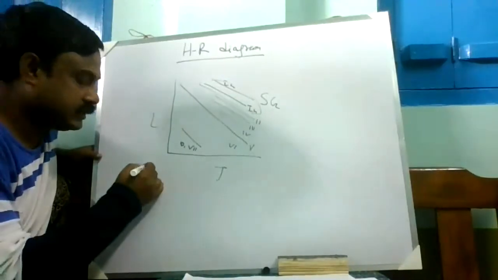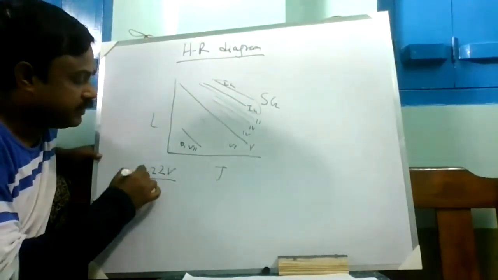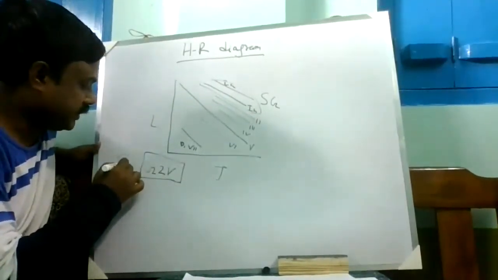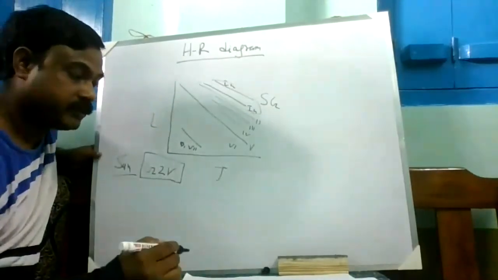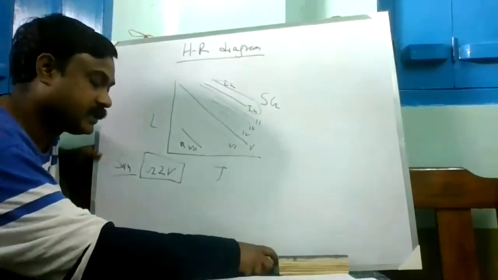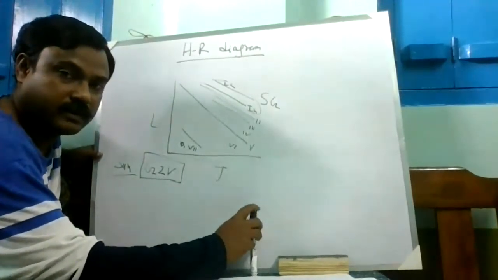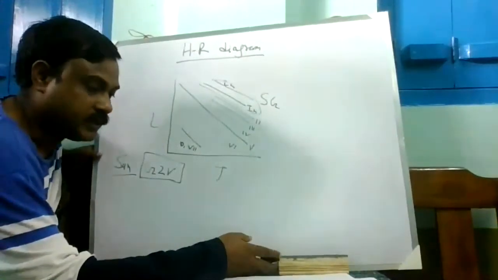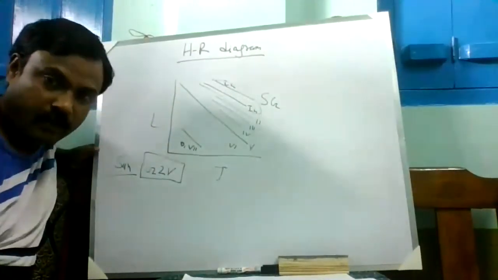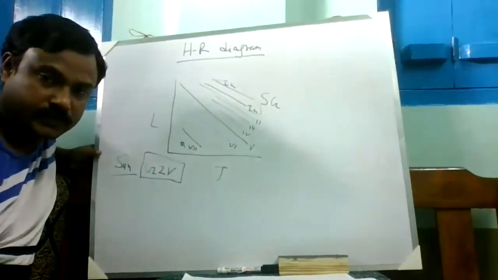Our sun is a G2V star. This is the spectral classification of the sun. So our sun is in fact in the middle of the classes of stars that we observe in our galaxy, the Milky Way galaxy.